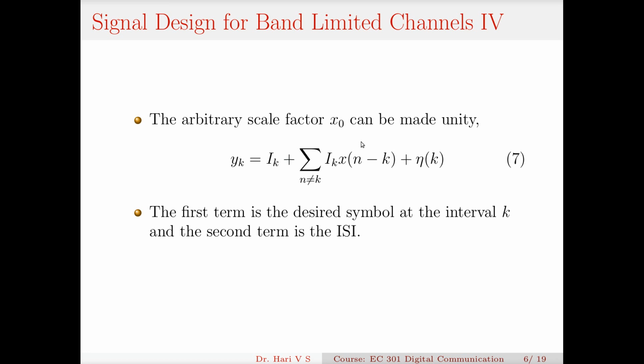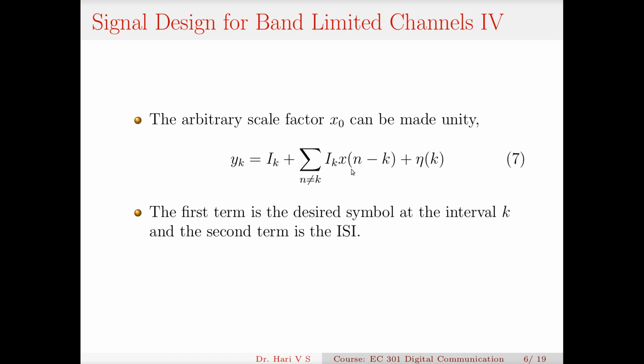So I encounter my two enemies here: y_k equal to I_k, this is my desired thing. Then I have two undesired components here. One is ISI, this term called the intersymbol interference, plus eta_k, which is my additive white Gaussian noise. So this is how ISI and my AWGN affect my symbols.